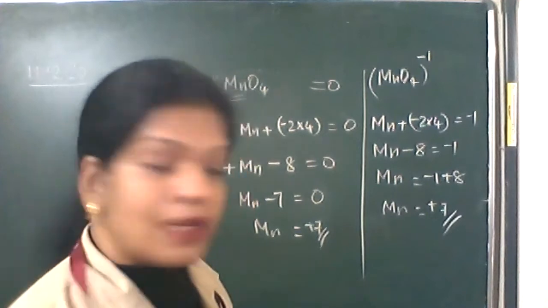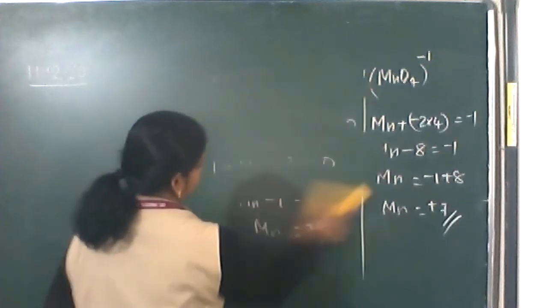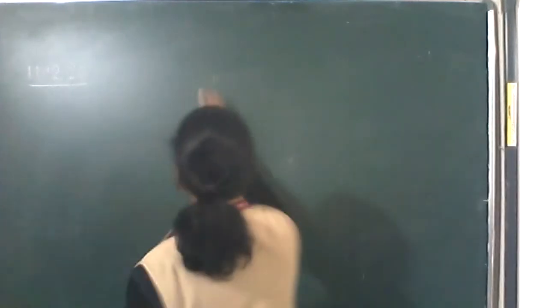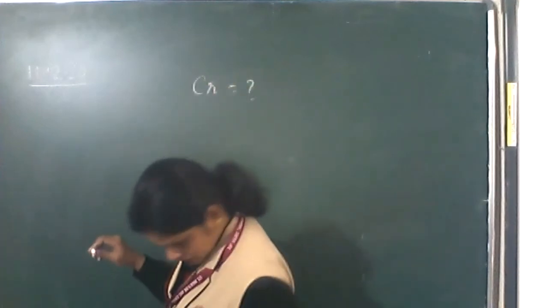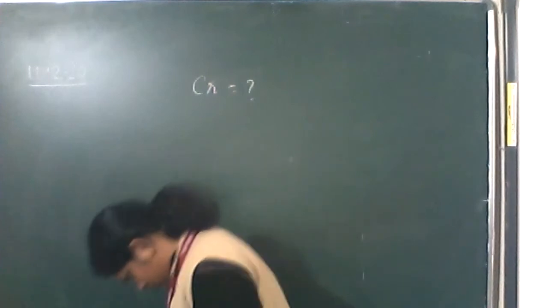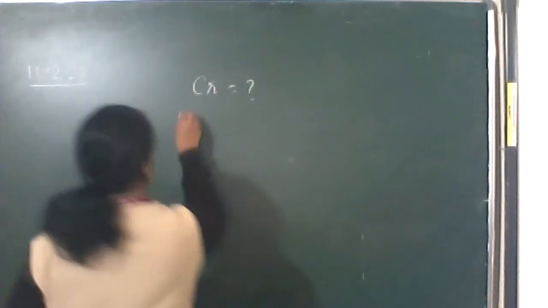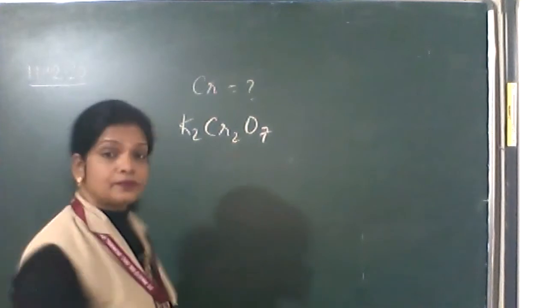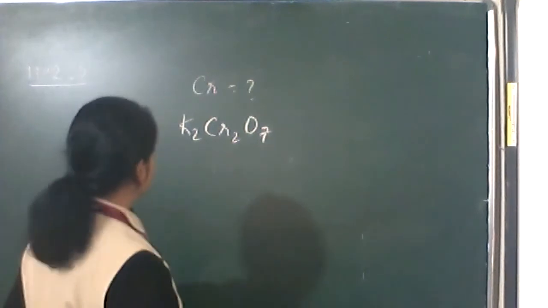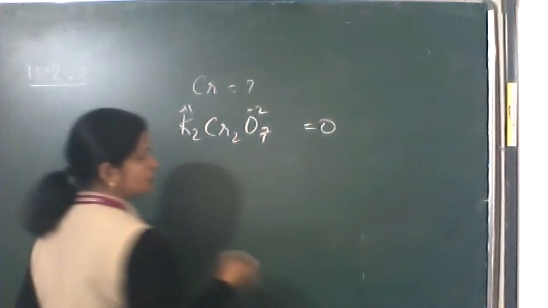Now let's find out the oxidation state of chromium in potassium dichromate, K2Cr2O7. Here K is plus 1 and oxygen is minus 2, total equal to 0.